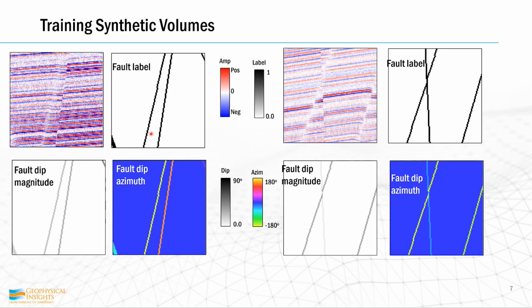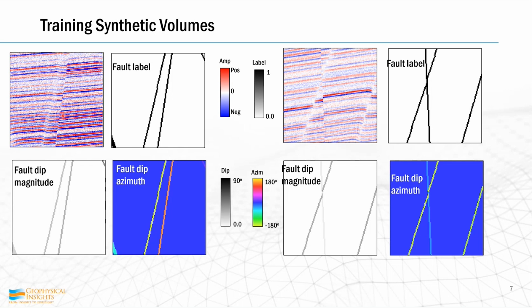Here we're showing two synthetic fault model examples. One is here and the other one is right here. We can control some parameters to set up the faults and the reflectors, and also change the noise level of the different synthetic volumes.